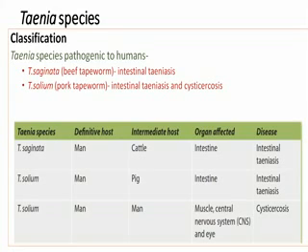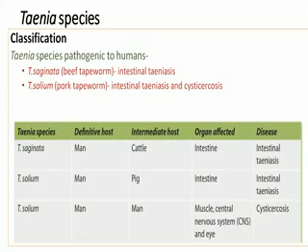Okay, so for all Taenia species, the definitive host is man. The intermediate host for Taenia saginata is cattle, and in the case of Taenia solium it is pig. When you see the organs affected by Taenia species, it is mainly the intestine, because they reside in the small intestine of a human. That is why it can cause intestinal taeniasis.